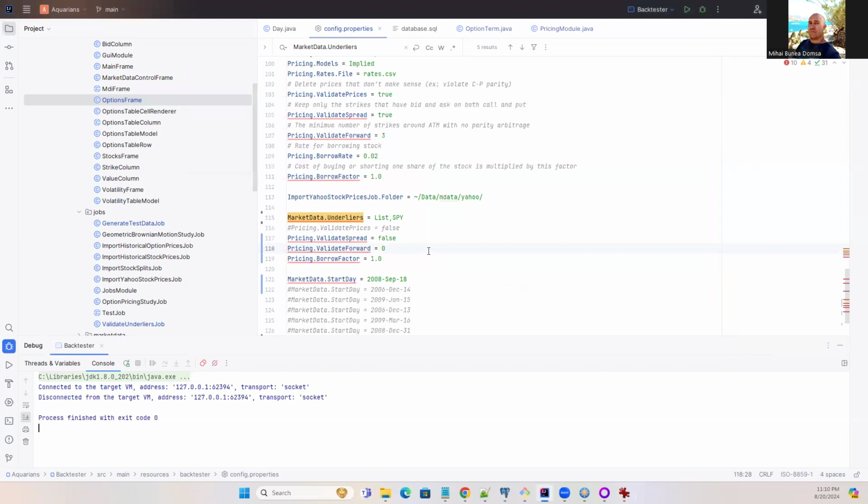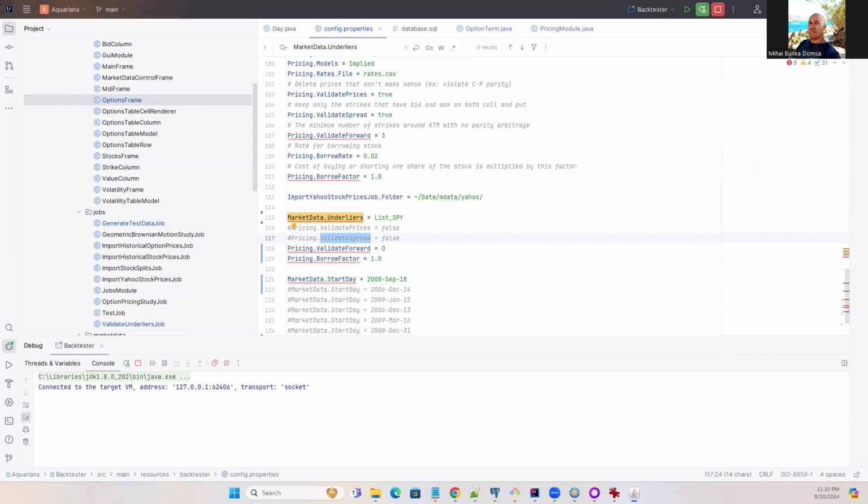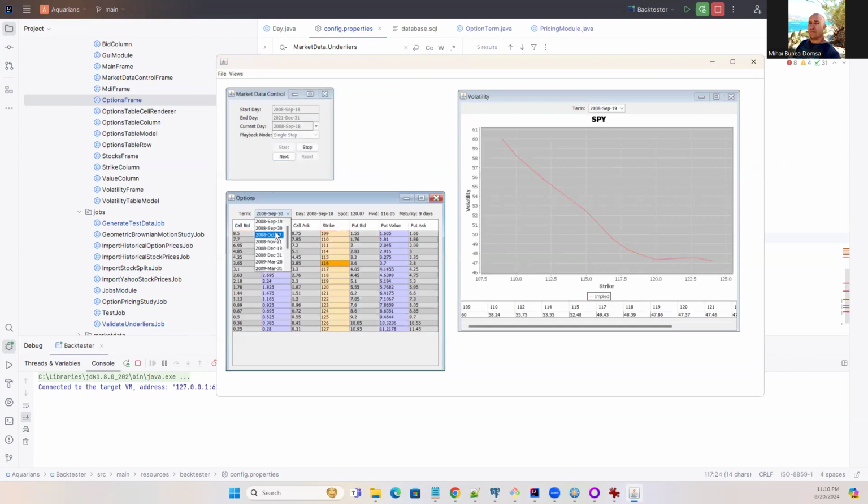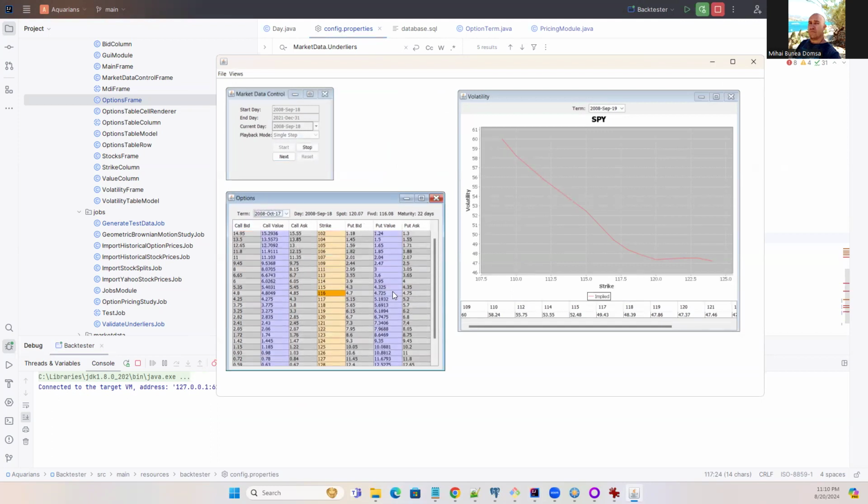And for that, I'm also having this validate spread, which only considers the strikes that have full spread. Let's take a look again, and it looks much better. So we are only looking now at strikes that have enough liquidity on both sides.